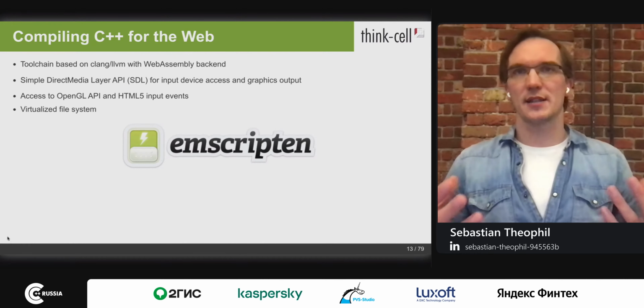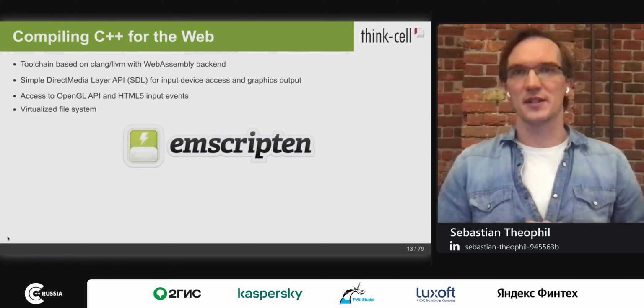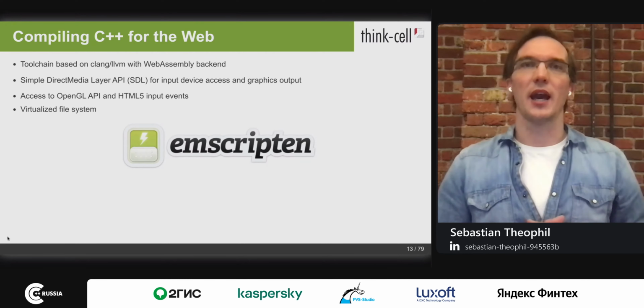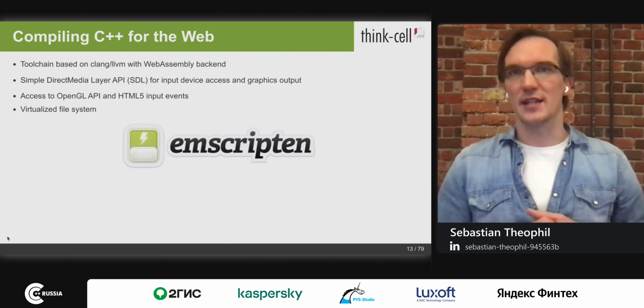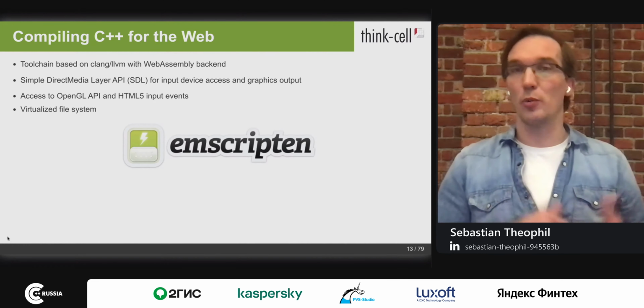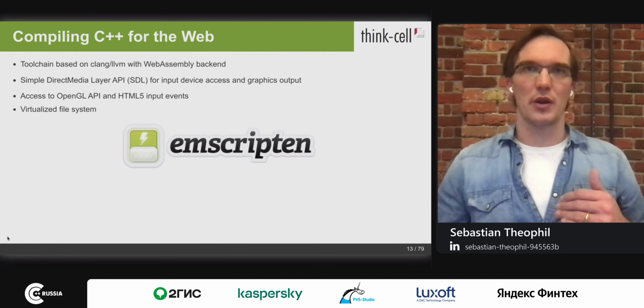Emscripten, for example, has C++ interfaces that implement the Simple DirectMedia Layer API, the SDL, which provides access to input devices, allows us to render graphics and create sound. And if a program doesn't use the SDL, then Emscripten also provides C++ headers for the OpenGL API, which directly map to the WebGL API in browsers.